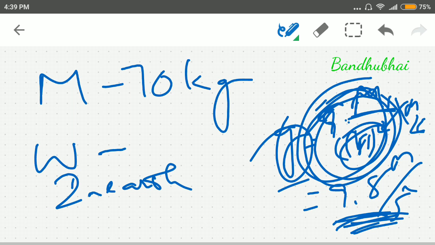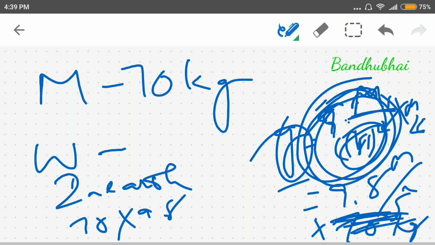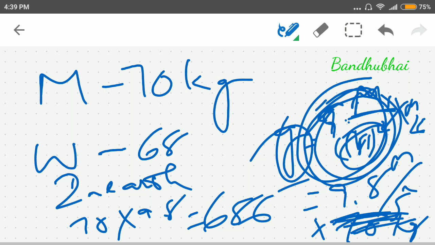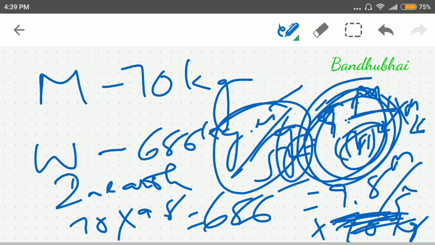That is the mass of the object. Let's take the 70 kilograms we have taken. Then what is the value? It is 70 into 9.8, which comes to roughly 686. What is this unit? Kg meter per second square.